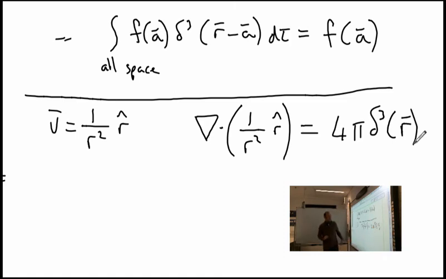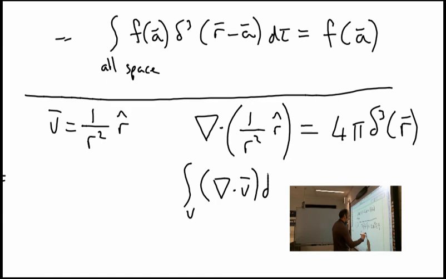Okay? So the divergence of our vector is 0 everywhere except for at the origin. Now, of course, whenever we do the integral now of this, the volume integral of our vector v, what we're going to obtain is 4 pi, which is equal to our surface integral.